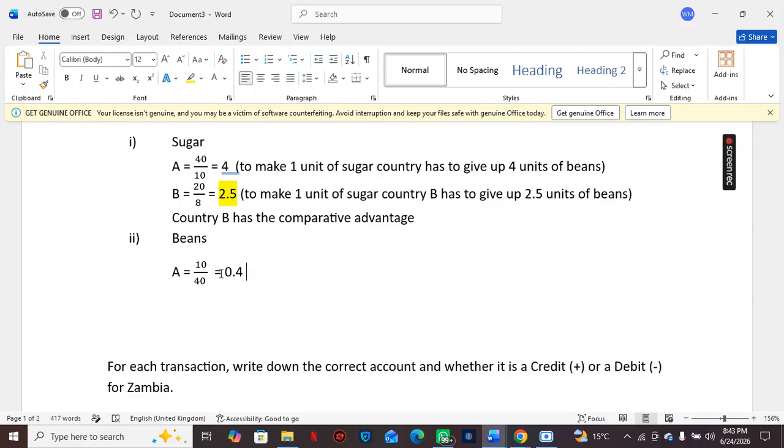So we say to make 1 unit of beans, country A has to give up 0.4 units of sugar.